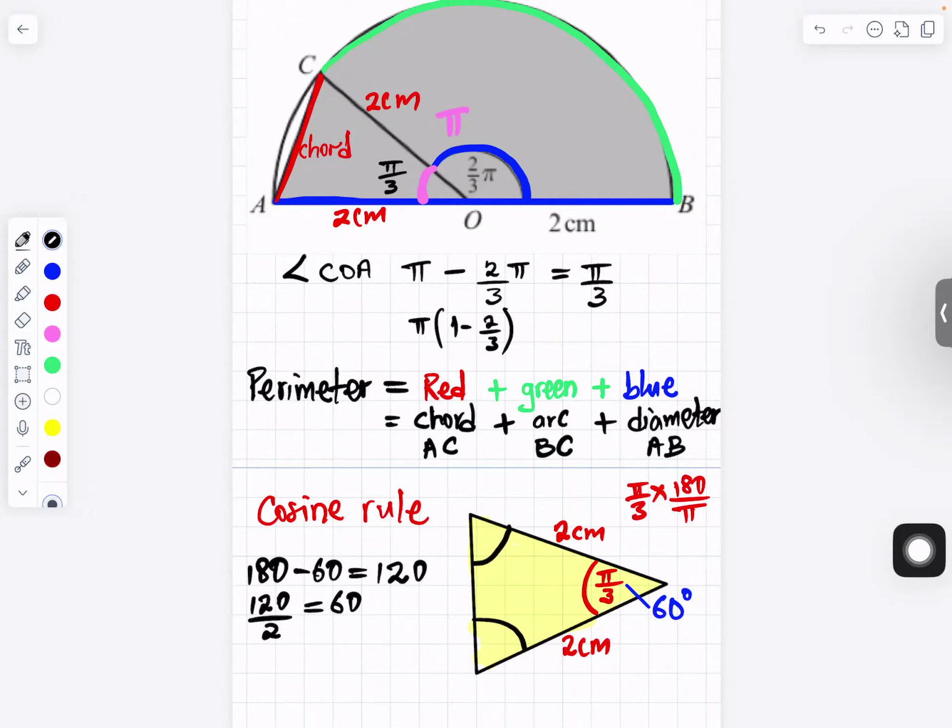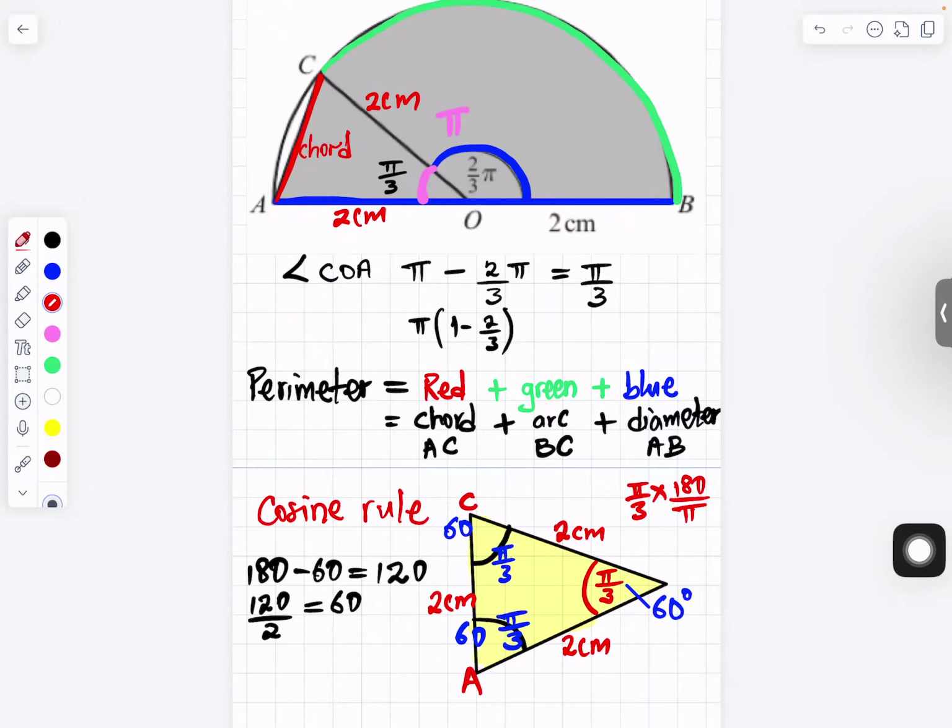So that means each of these angles is 60. So now that each of the angles is the same, what happens to the sides? They should all be the same, right? Because it's an equilateral triangle now. So that side that we're looking for is 2 centimeters.